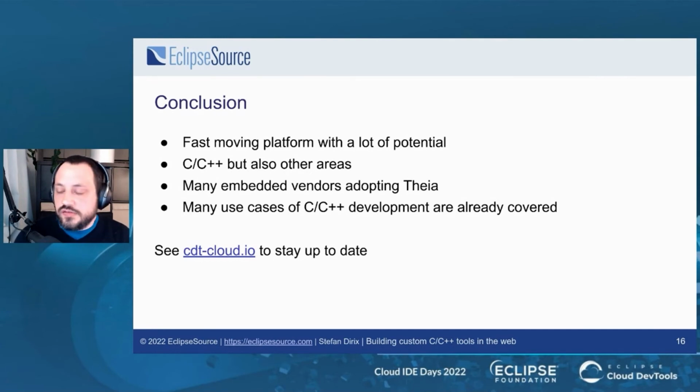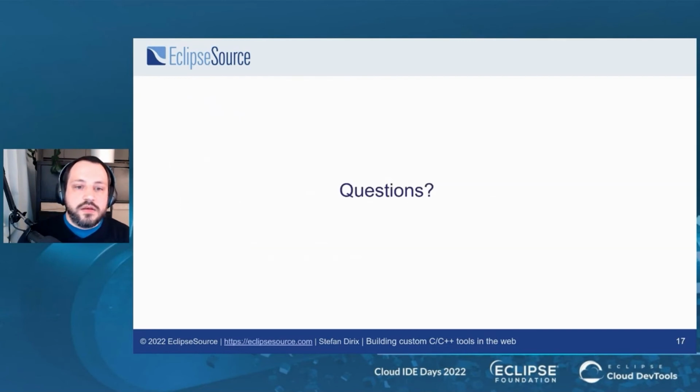And as you can see, even just by building or integrating some basic open source components, you already get very far. I can heavily recommend, again, please look at cdt-cloud.io to stay up to date and to also get the latest news about our CDT.cloud Blueprint.